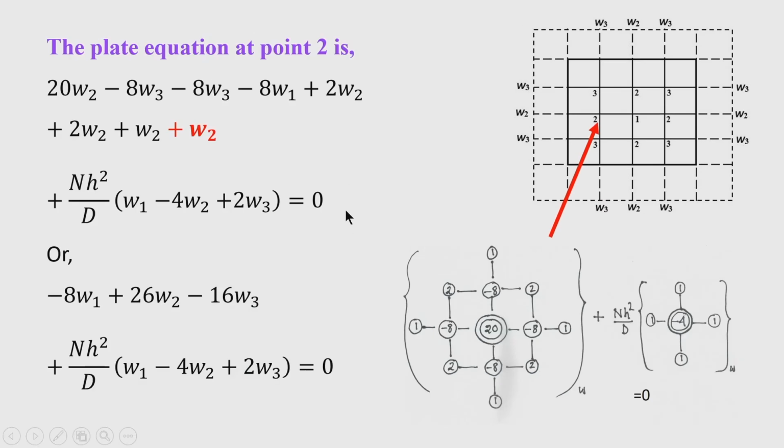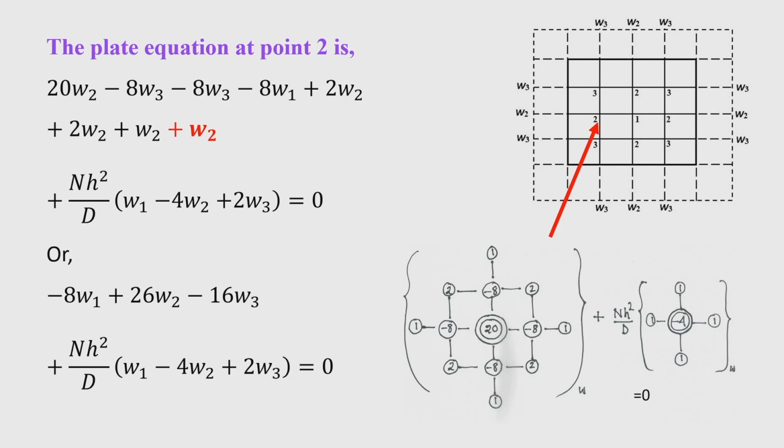Now, at point 2, if it is applied, then the question of one imaginary point comes, because if you place the stencil here, then one point, that is minus 8, is on the boundary, but this node will come here. So, one imaginary point is there. This value has to be expressed in terms of the corresponding image point value, and the corresponding image point is 2.